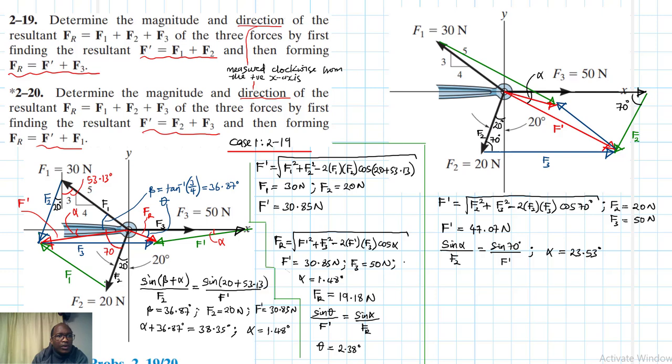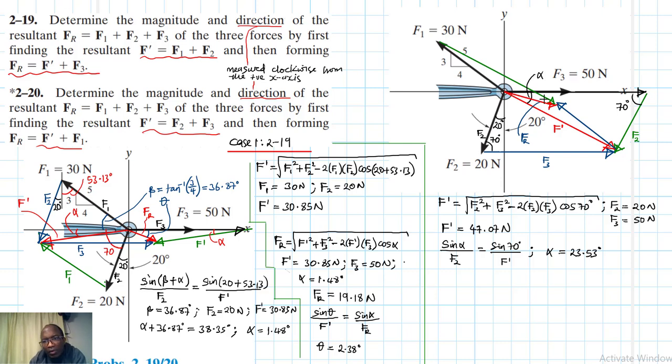Great. This one here is our resultant, FR. Then we have this angle again, which we need to define.